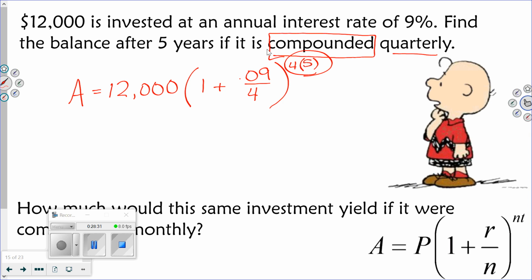Okay? I just want to throw that out there. Because the scientific one does that caret button, and if you do 4 times 5 afterwards, it would take whatever you had here, raise it to the 4th power, and then take that entire answer and multiply it by 5. That's not what you want it to do. You would either need to do separate parentheses around that, which is obnoxious, or just write 20, because it's not that hard to figure out.